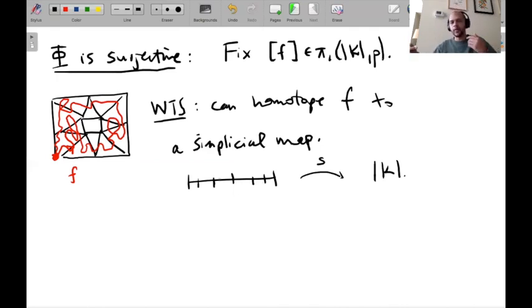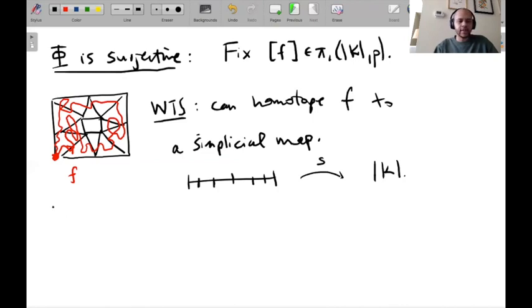In that way, we obtain an edge loop, just a sequence of edges or vertices that we traverse, which would be the images of these vertices here.